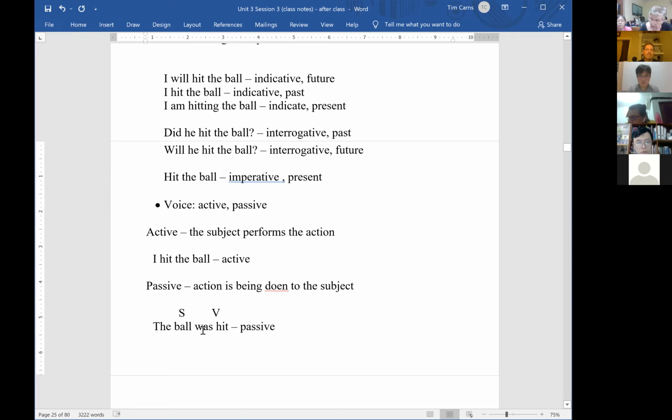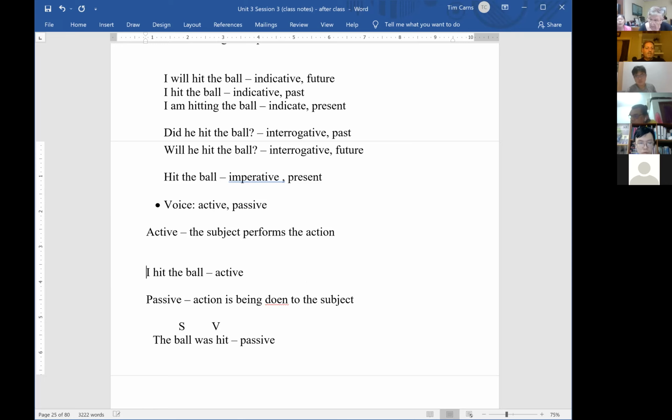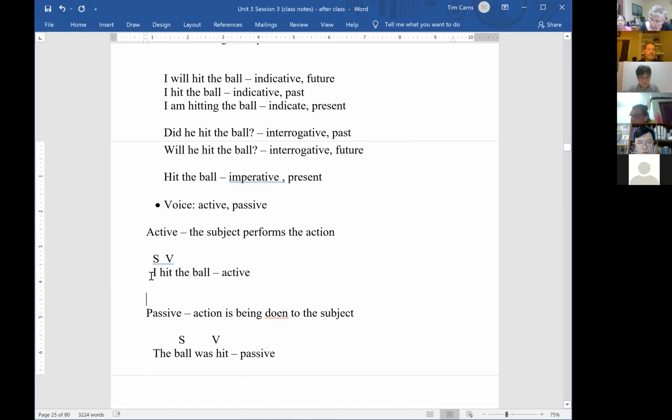That's why it's called passive. The subject is passive in this sentence. In this first sentence, in the active, the subject is I and hit is the verb. So in this first one, the subject is doing the action.